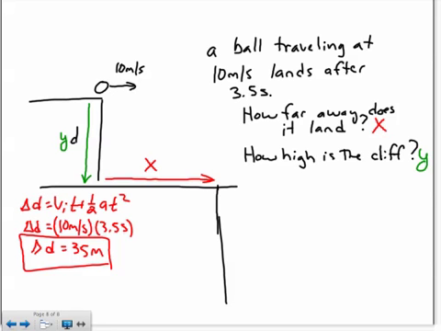How high is the cliff? That's clearly a vertical problem. Initial velocity is 0.